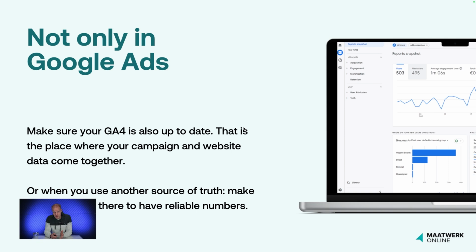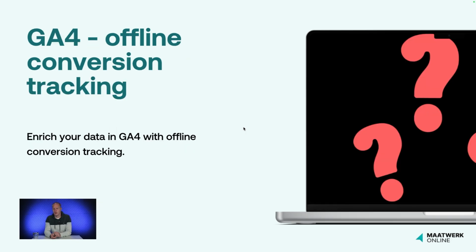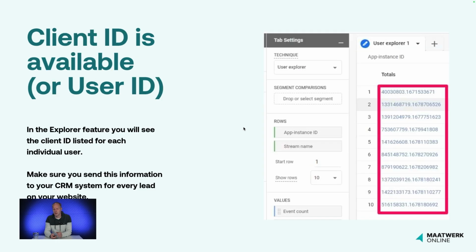If you are measuring the offline conversion, don't only do it in Google Ads, you can do it in GA4 as well. Because you want to make sure that your GA4 is up to date. It's a little bit technical and difficult, but you can enrich your data in GA4 with your offline conversion tracking, because the client ID is always available in your GA4 reports. If you have a website where people can log in, it's called a user ID. But in the Explorer feature, you will see the client ID listed for each individual user.